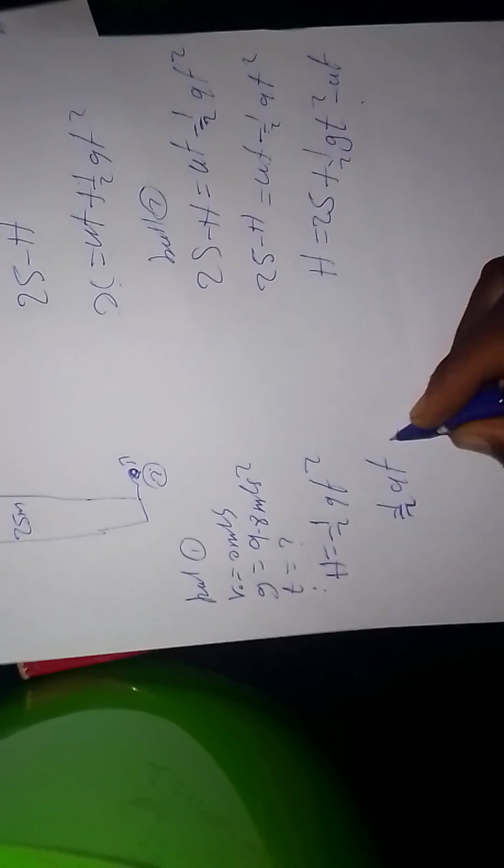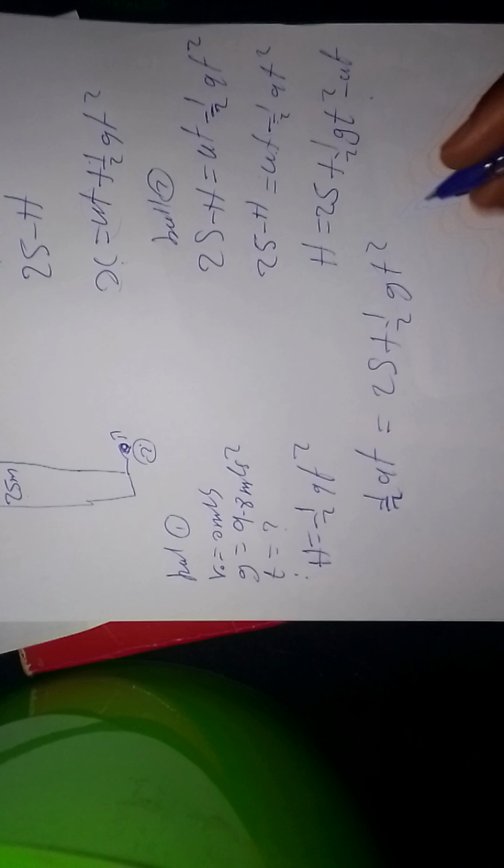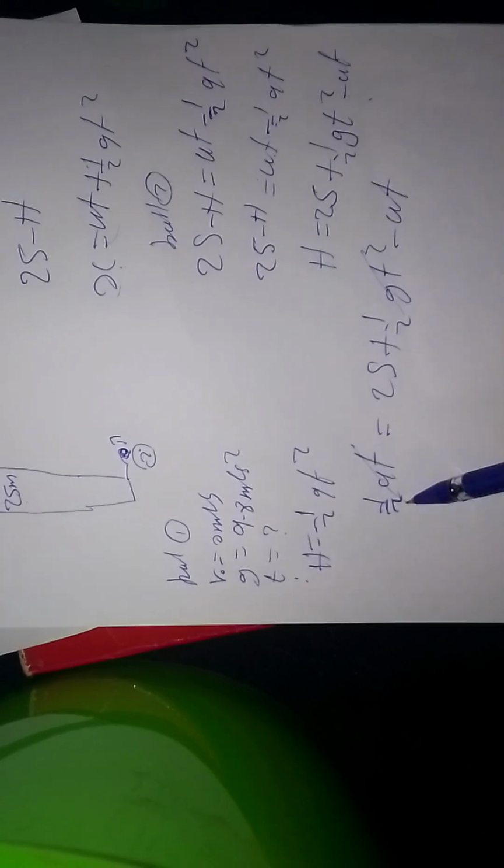Now we can equate these two: one half g t squared is equal to 25 minus u t plus one half g t squared, because the time is the same.